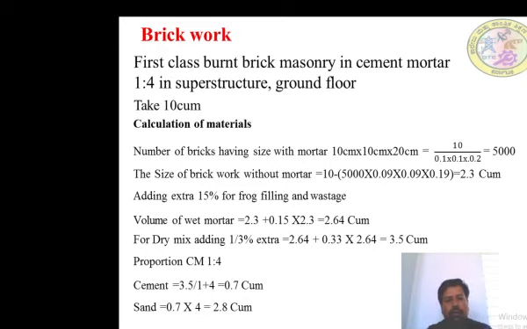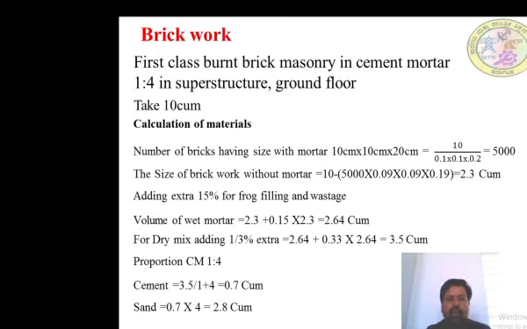The brick has a frog, curves and grooves, and the gap filling and wastage is taken as 15%. The volume of wet mortar equals 2.3 into 1.15, say 2.64 cubic meter.